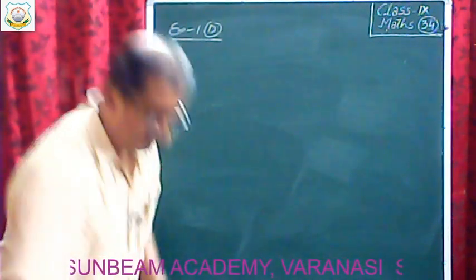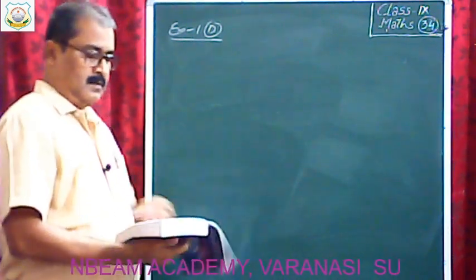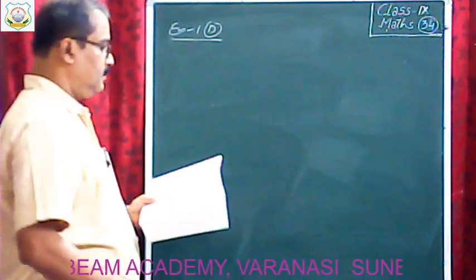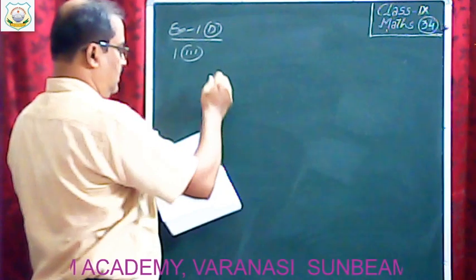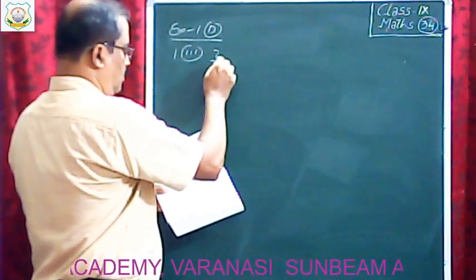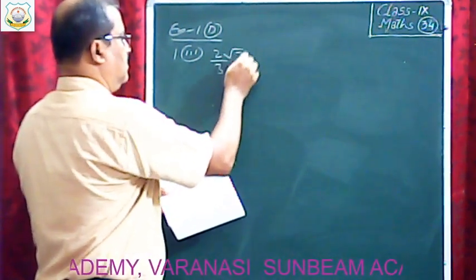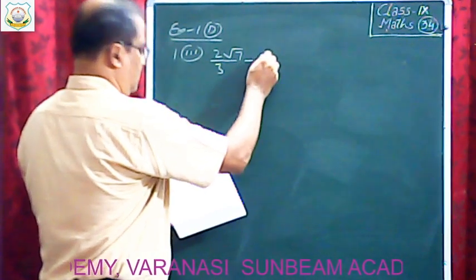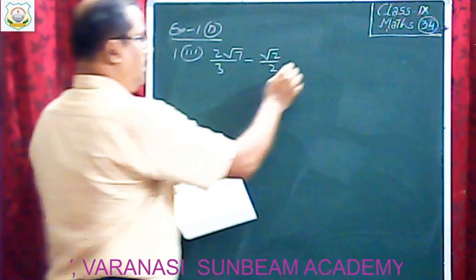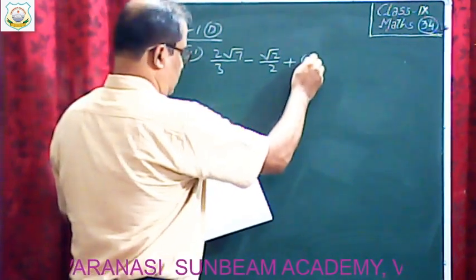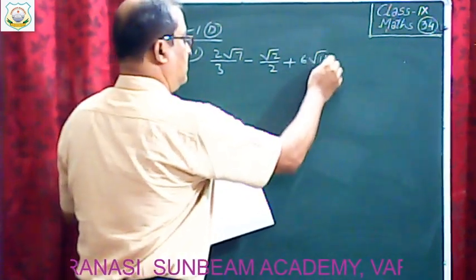Okay, simplification be there. Taking question number 1, third: add 2 upon 3 square root 7 minus square root 2 upon 2 plus 6 square root 11.